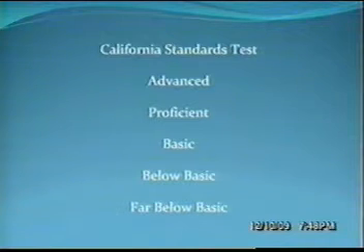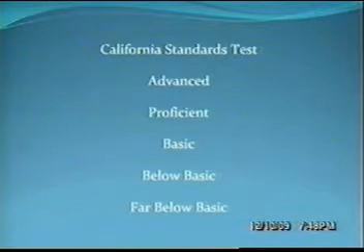What we did was we took all of the identifiers relative to the CST test in terms of where kids are: advanced, proficient, basic, below basic, and far below basic. But we decided to do something a little different. We took a look at what this data looked like in comparison, and our pages were so jumbled that you couldn't make very much sense out of it.